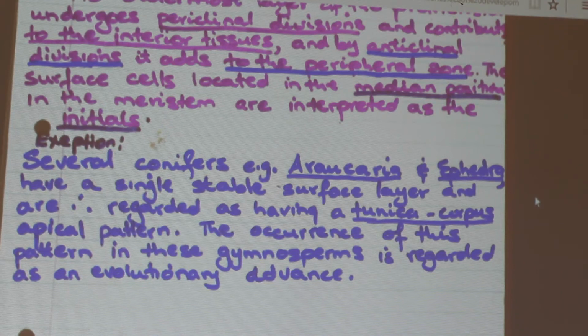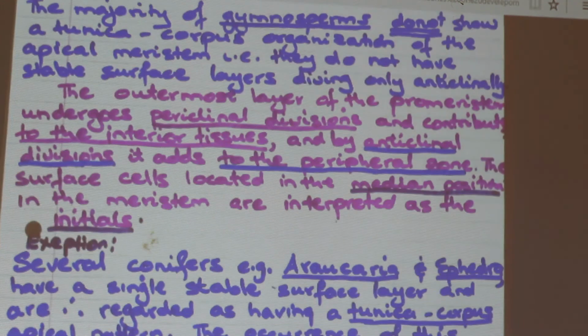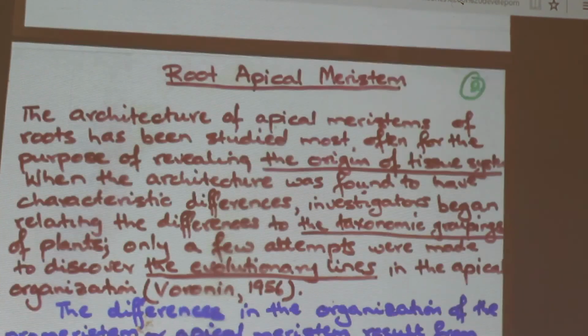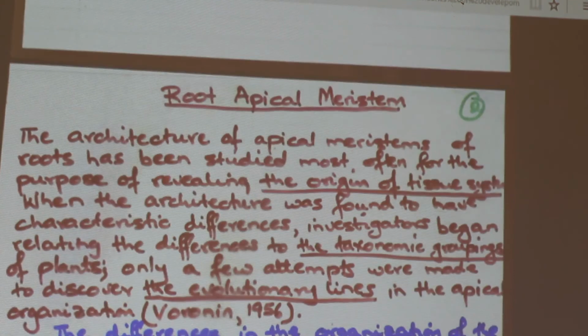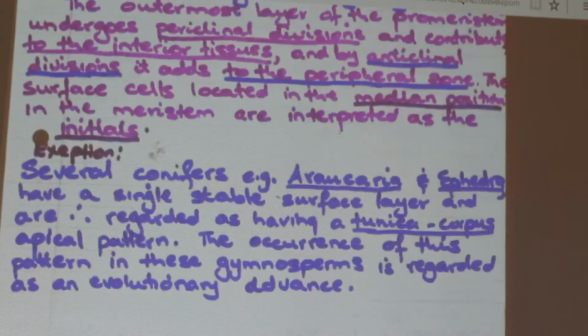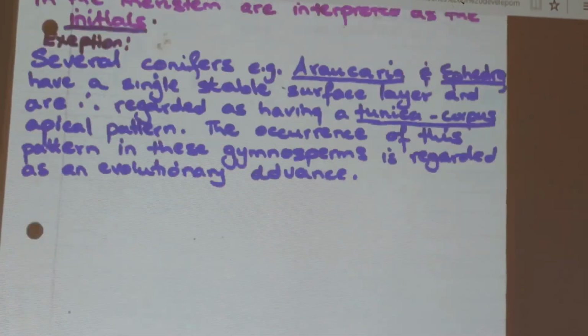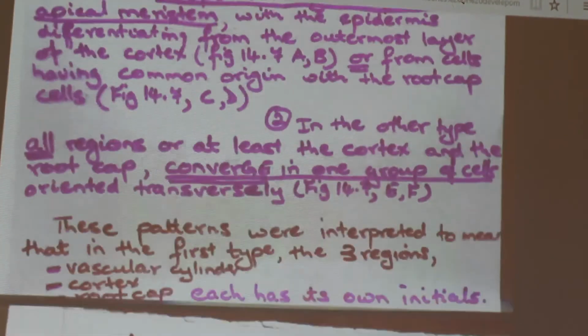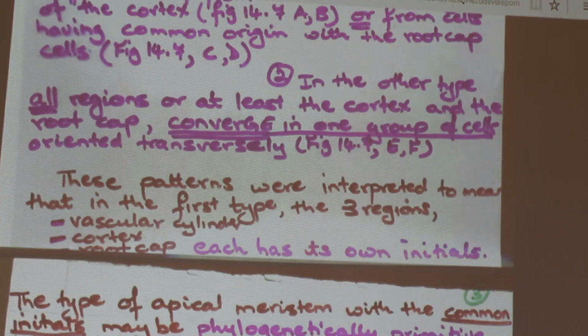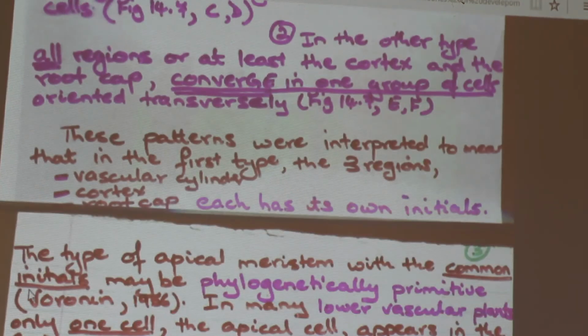So somebody did work to look at anatomy and evolution, and this was done by a fellow called Voronin. You'll find it somewhere in these notes, and he explained how, here it is over here, Voronin is the one who looked at phylogenetic relationships of plants by looking at their anatomy.